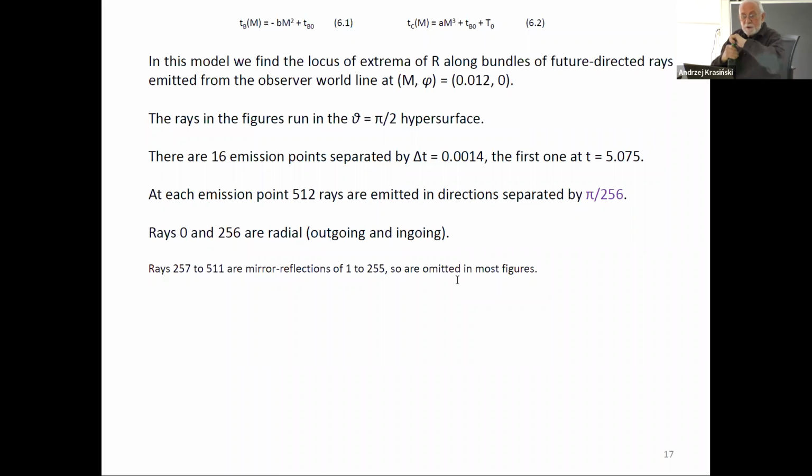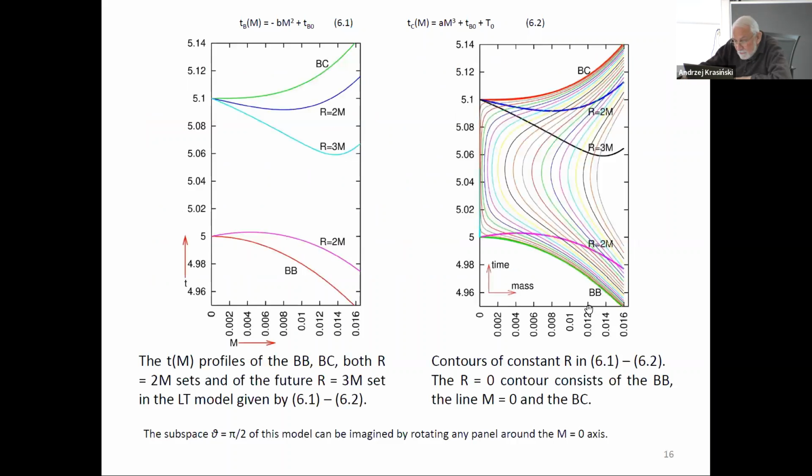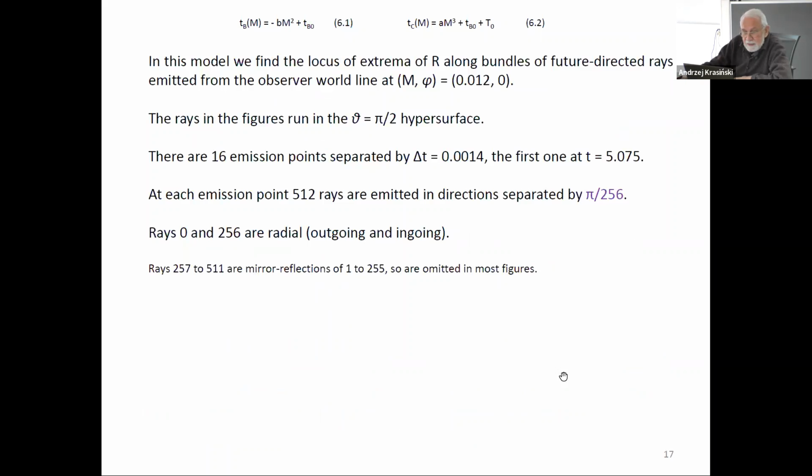Okay, and in this model, I will now explicitly find the locus of extrema of R along bundles of future directed rays emitted from the observer, where the source will be somewhere here. And the rays in the figures will all be in the theta equal to pi/2 hypersurface.